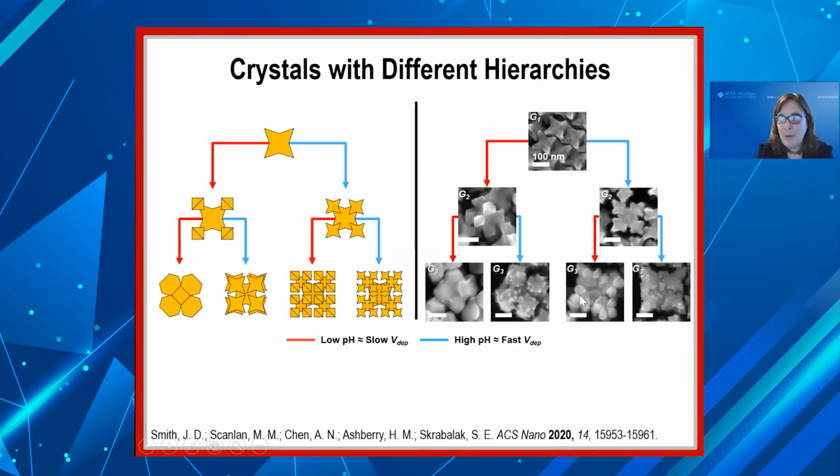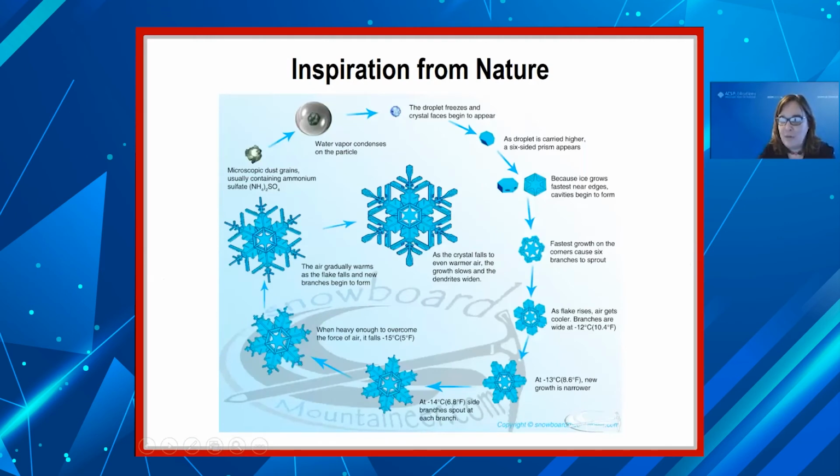So when my student Josh was working on this project, we actually tended to refer to this as the snowflake project, because the crystal forms are a bit reminiscent of snow crystals, and the overall mechanism is quite reminiscent of how you end up with these beautiful hierarchical and highly symmetric crystals of water.